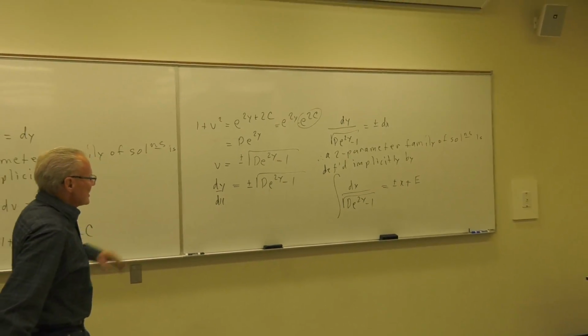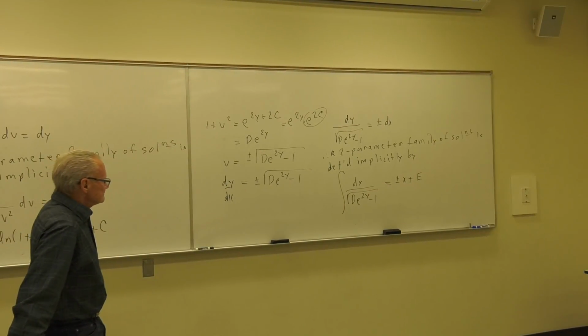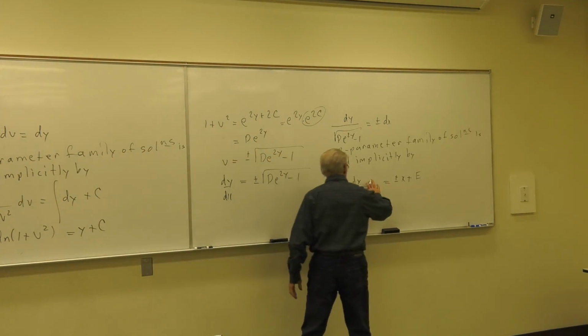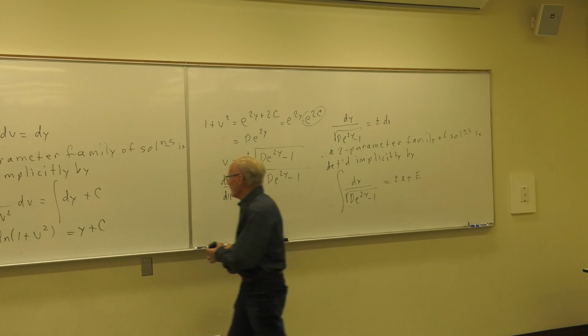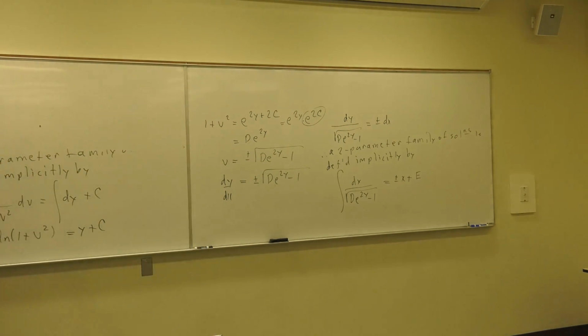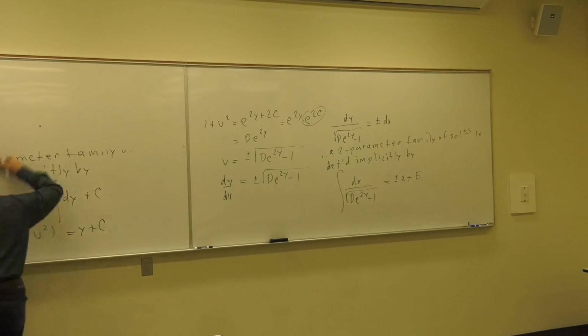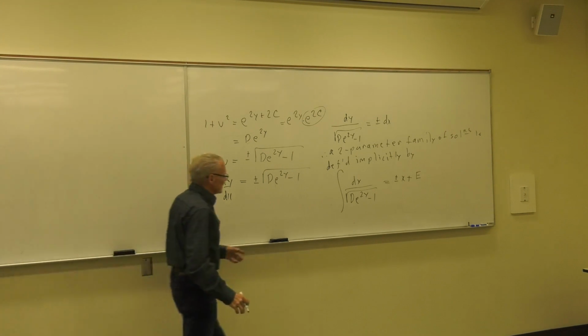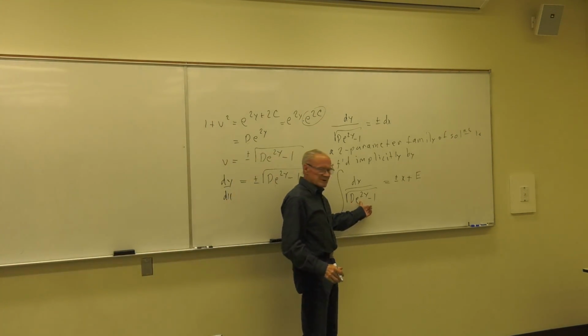So last step, to do this integral. How are we going to integrate this thing? Back to 1710 again. Well, since we got this square root, it looks like it's another tricky sum.